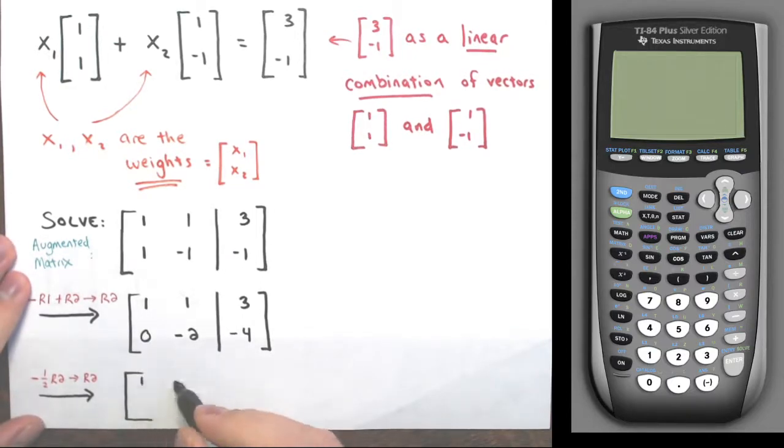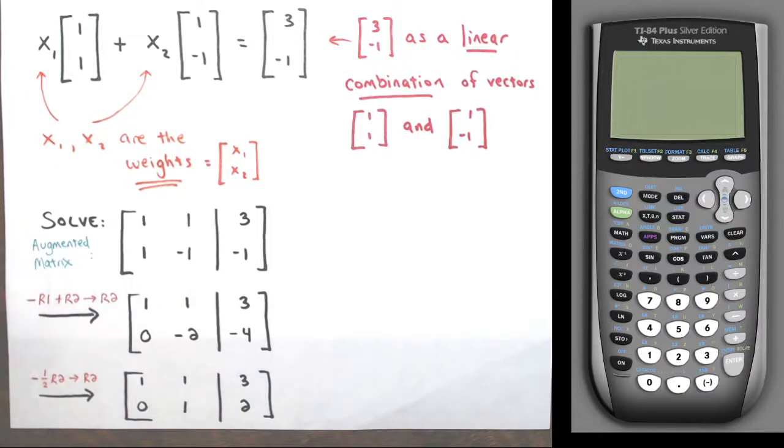Okay, so the first row is still not changing. And then multiplying the second row entries by -1/2, you'll have 0, 1, and 2. Okay, and then finally, one more step here. I got a lead 1 here.